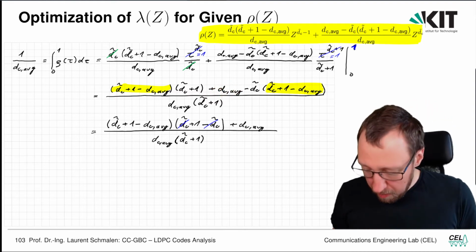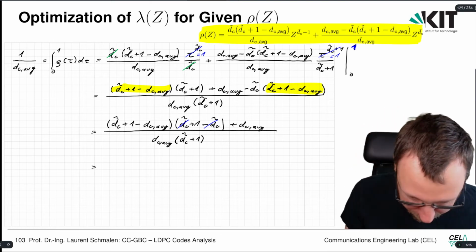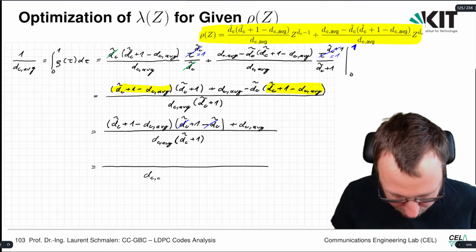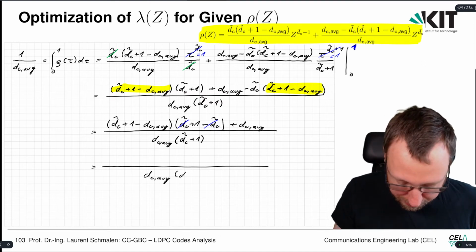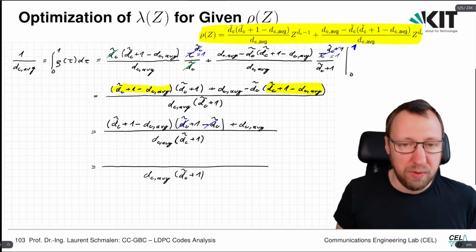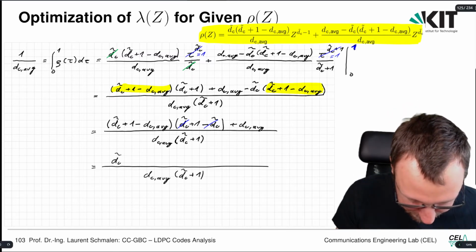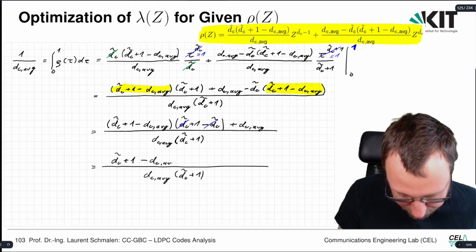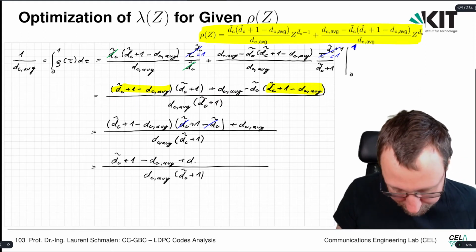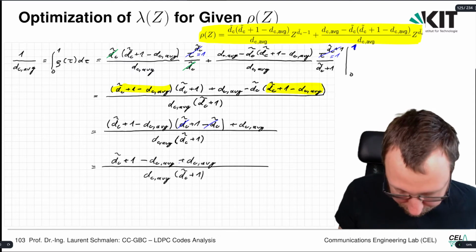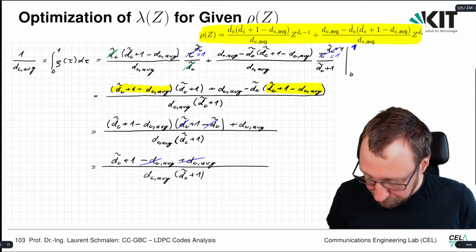Okay, so what are we left with? We are getting close. It's simplifying. First, the denominator is DC average times DC tilde plus 1. Then we have the first parenthesis, so it's DC tilde plus 1 minus DC average plus DC average. Okay, very nice. So this guy cancels.